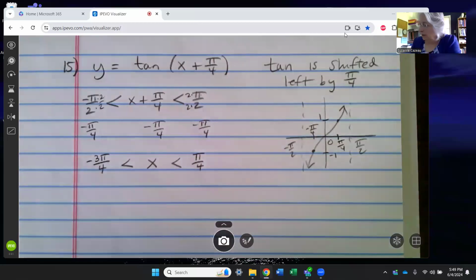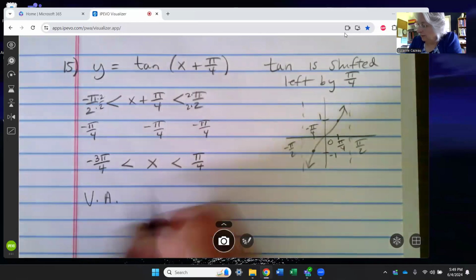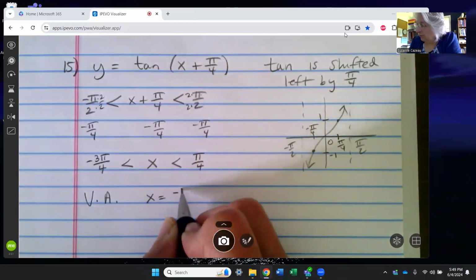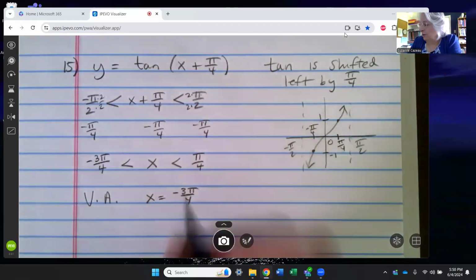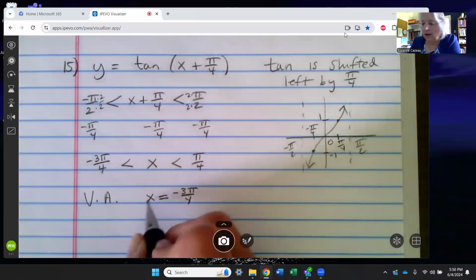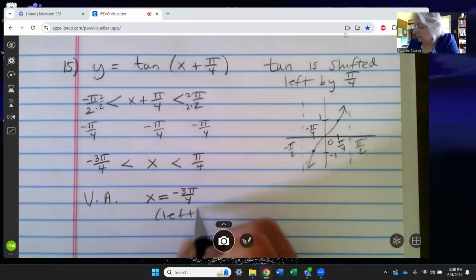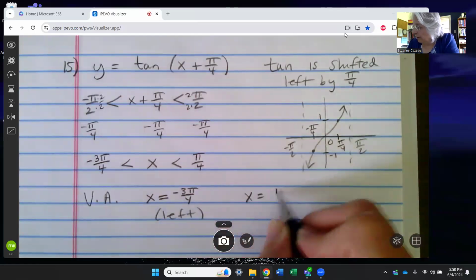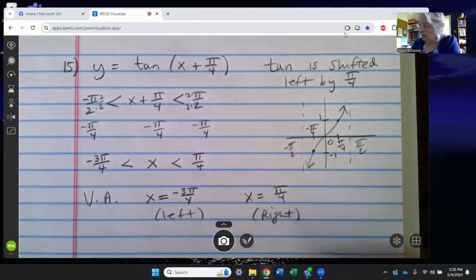Okay. So the vertical asymptotes then, the left one is going to be x equals negative 3 pi over 4. Remember, these are vertical lines, so you have to have x equals. Okay, this is the left, and then x equals pi over 4 is the one on the right.